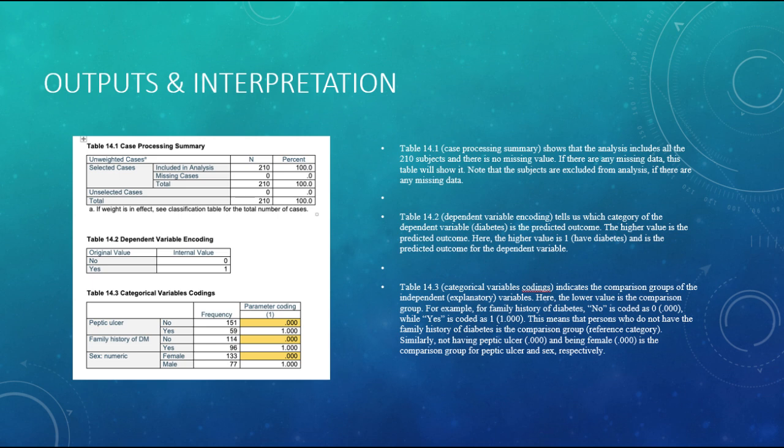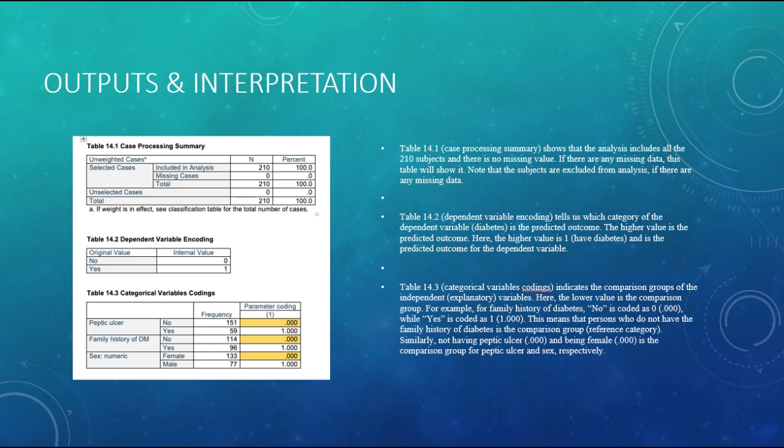Table 14.3, Categorical Variables Codings, indicates the comparison groups of the independent, explanatory, variables. Here, the lower value is the comparison group. For example, for family history of diabetes, no is coded as 0.000, while yes is coded as 1.000.